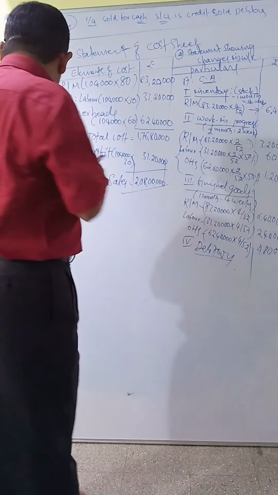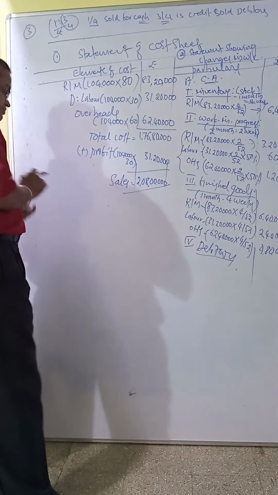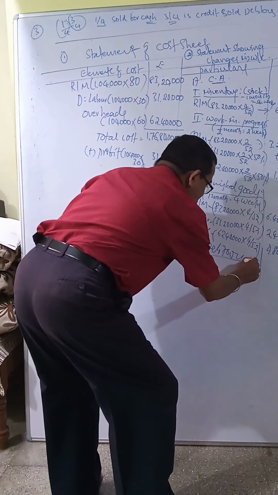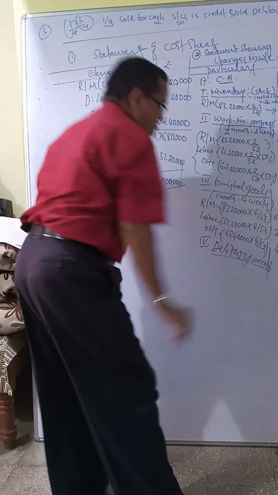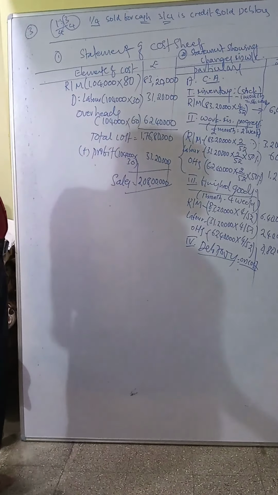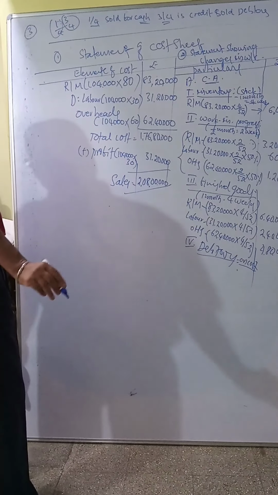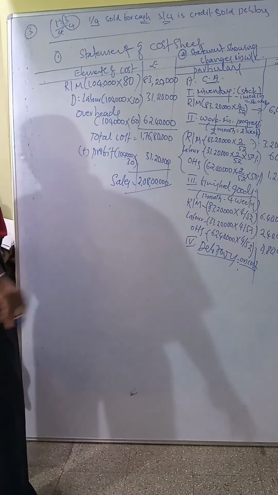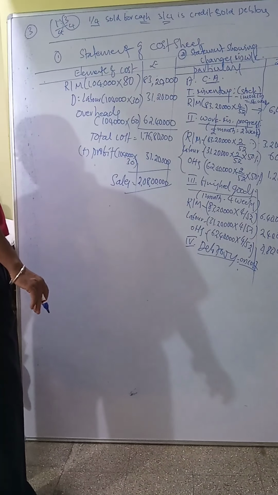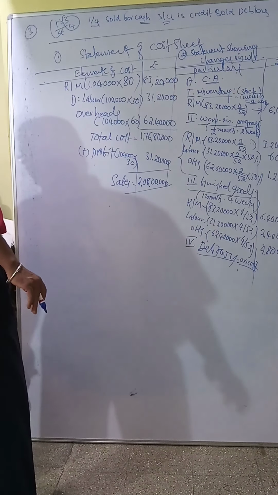On what basis should you take it here? On cost. If nothing is given, you have to take it on cost, that is, on total cost. See, this is not sales. How to calculate here? And what time is allowed to debtors here? They given 1/4 of the output was sold against cash.